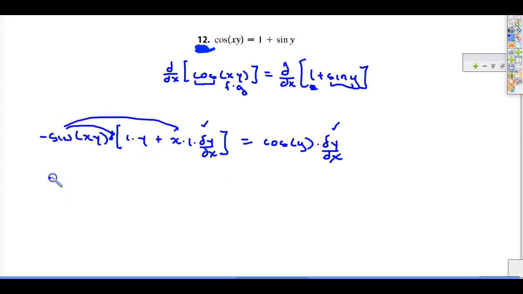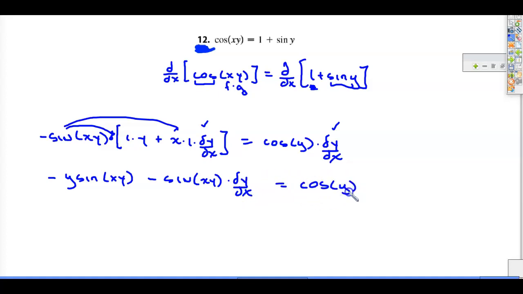So this is going to be minus y sine of xy, minus x sine of xy times dy/dx, which is equal to cosine of y times dy/dx.